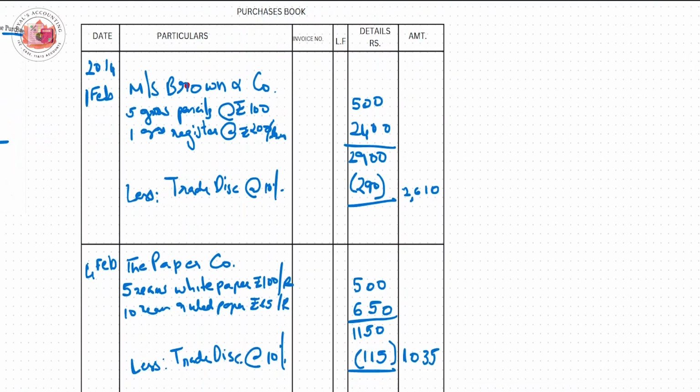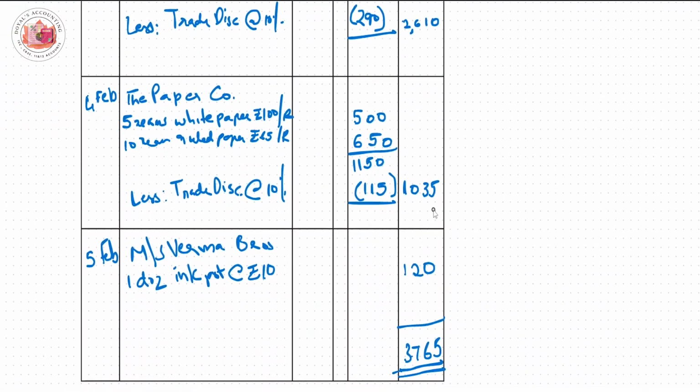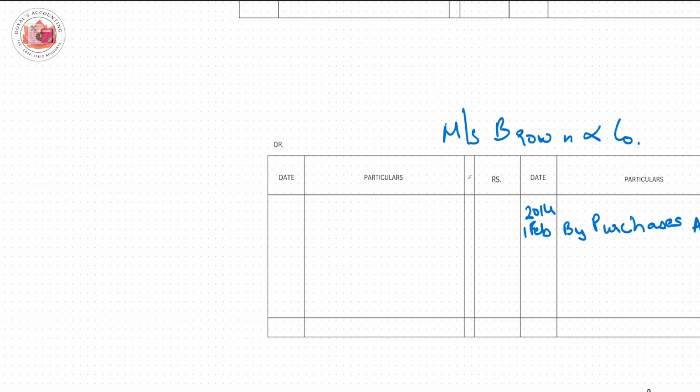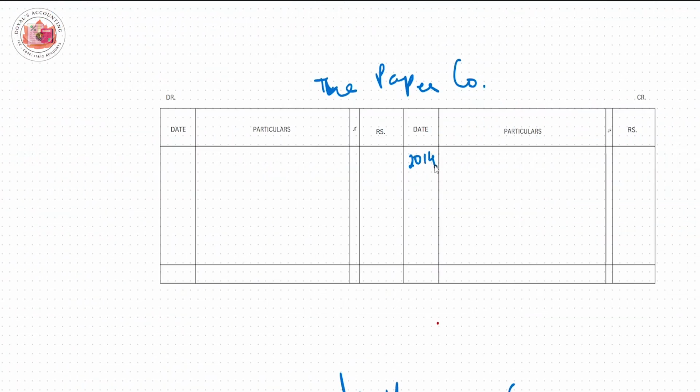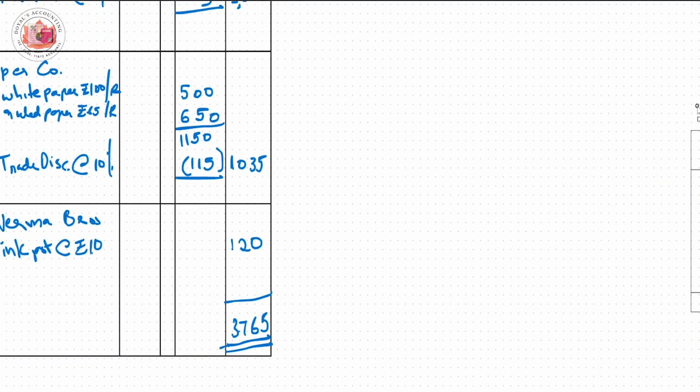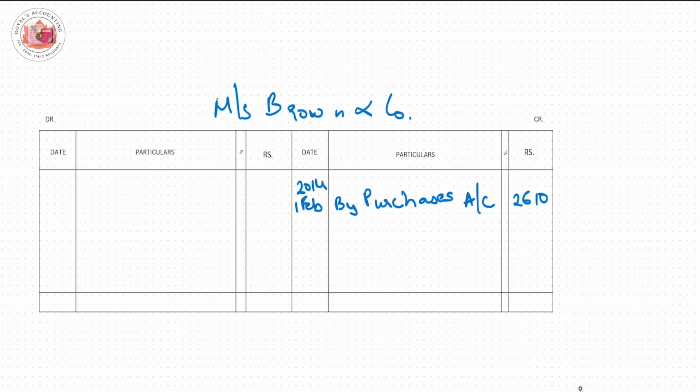Now my next creditor is the Paper Company, and the net amount is 1035. So same entry in the Paper Company, 2014, 4th February, by purchases account, the net amount. What was the net amount? It was 1035.